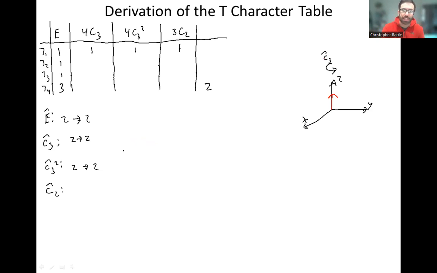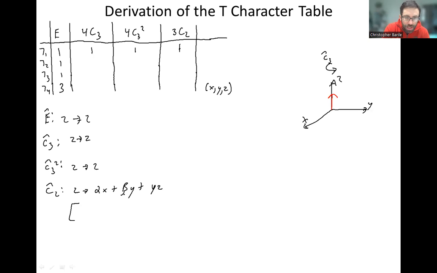So what that tells us is that z goes into alpha x plus beta y plus gamma z, some linear combination. In other words, x, y, and z are transforming together. That's what we figured out here.